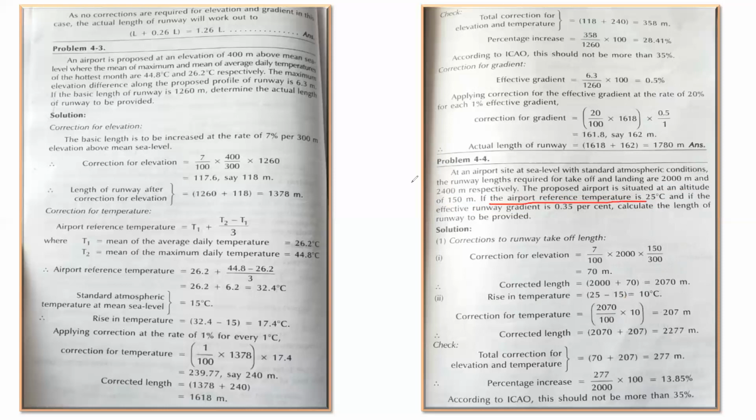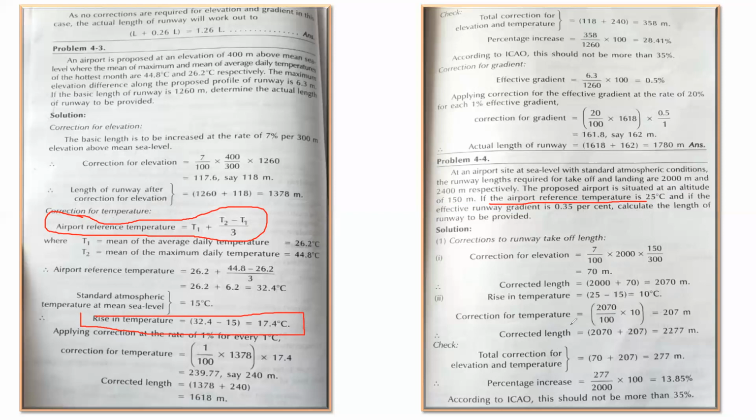If this was not given, then you are supposed to apply this formula. Since they have given it directly here, don't apply the formula. The value is given. Just look into this equation that we are solving. That is why I have taken 25, which is given here, minus 15, which will always be constant here, which comes out to be 10 degrees.